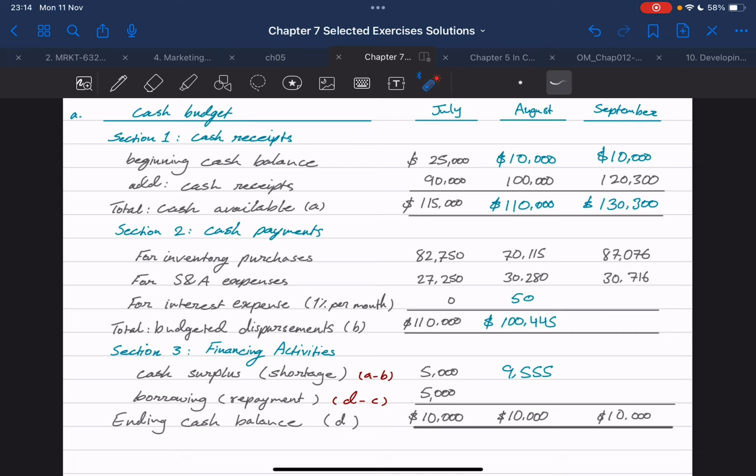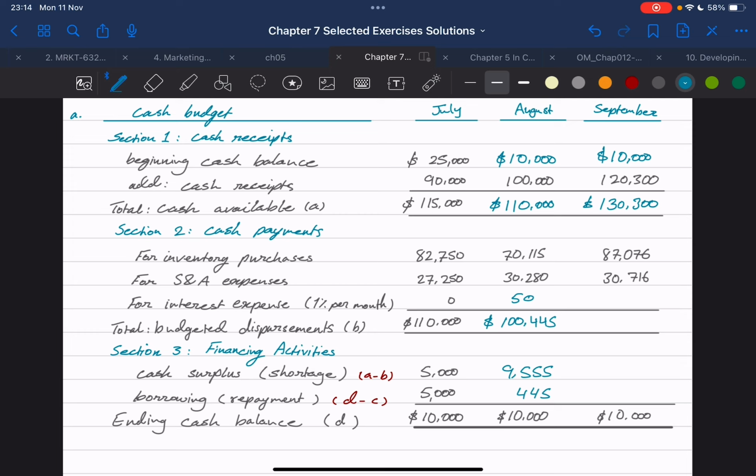So I'm going to say $10,000 minus 9,555. That will give us $445 that the business needs to borrow in the month of August in order to get to the desired ending cash balance of $10,000.